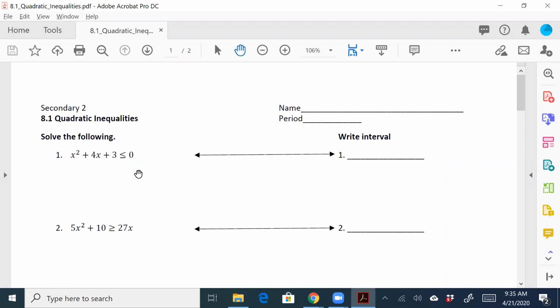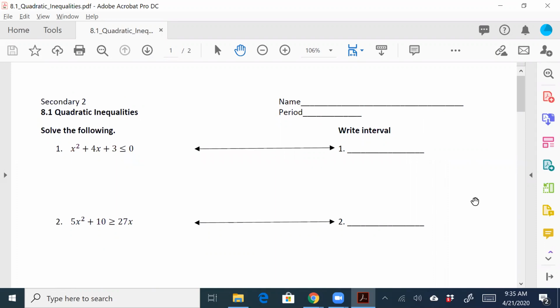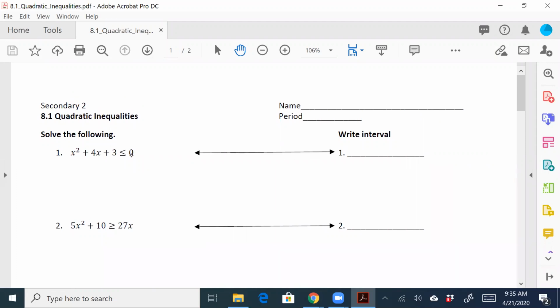Okay, on this first problem, the first thing that you want to do is make sure that one side is 0. And so we already see that on number 1, it is equal to 0. The next step would be, since it's a quadratic, we want to factor it.